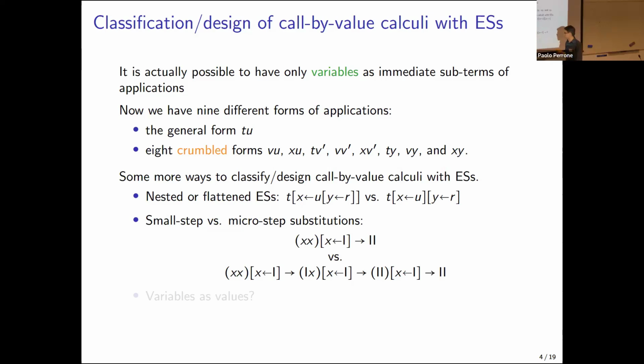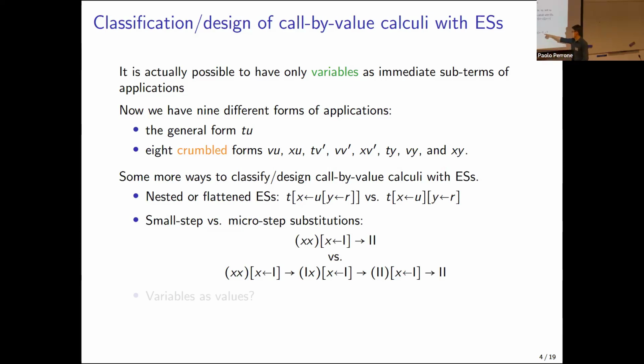Another thing that we can do is to take care of each occurrence of x one at a time. So first we replace the first x with I, and then we replace the second x with I. You don't really need to do these two steps consecutively. You can first do this, do something else, and then come back later.